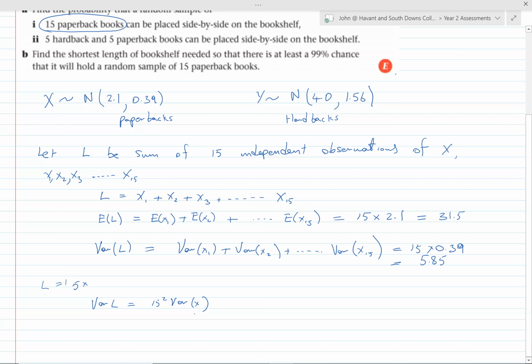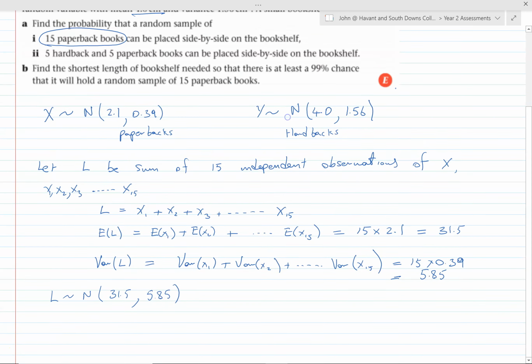It's not a function of it. It is 15 independent observations of it. So it's times by 15 rather than times by 15 squared. Okay, so now we can say, therefore, that L will be normally distributed with mean 31.5 and variance 5.85.